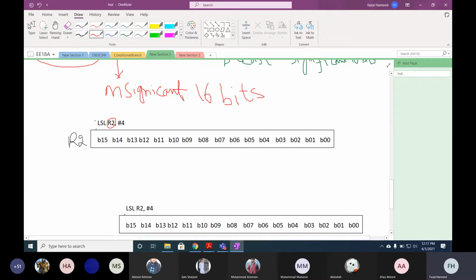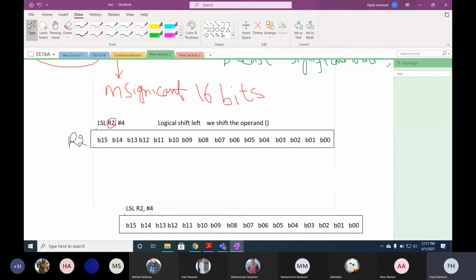So logical shift left. What does LSL stand for? Logical shift left. In a logical shift left, we shift the operand. The operand can be any addressing mode. Where is the operand now?